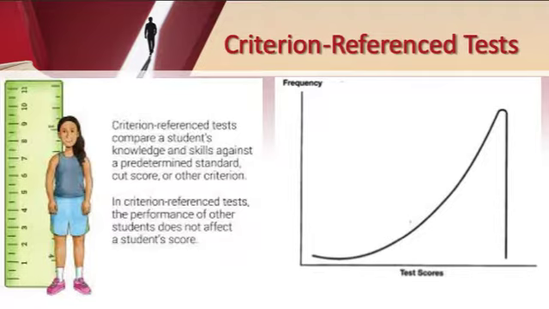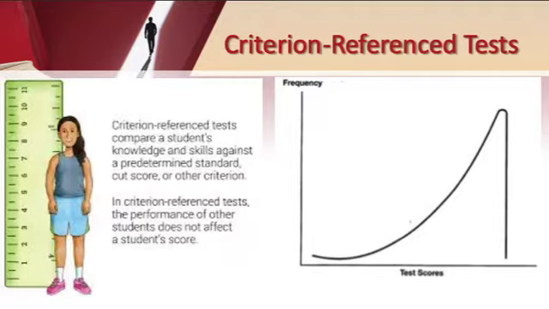For example, a 90% means that a student got 90% of the questions correct, or 45 out of 50 questions correctly answered. Most of the tests designed by teachers for classroom use are criterion reference tests. Many school districts also develop their own criterion reference tests to monitor student and school progress.